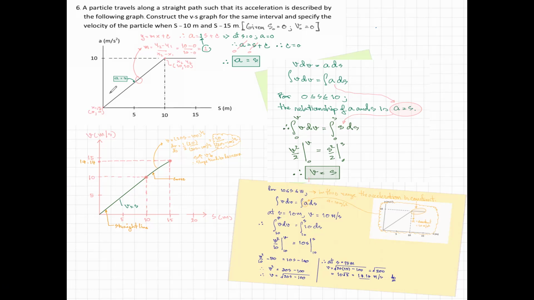And what is that function? We may use two coordinates. The first one is the origin, a equal to 0 at s equal to 0, right? And at the end point, when s equal to 10, a equal to 10.